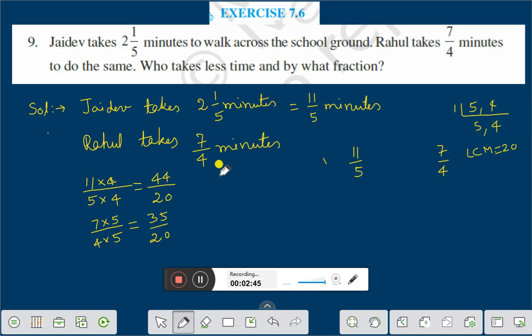Now you see here, 44 by 20 is greater than 35 by 20. That means you can say that 11 by 5 is greater than 7 by 4.